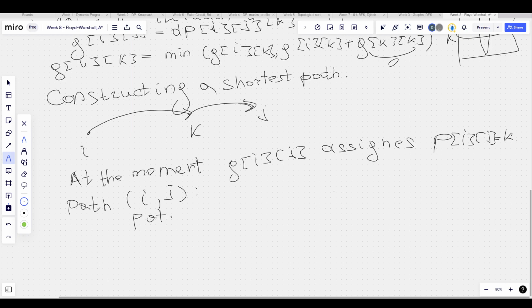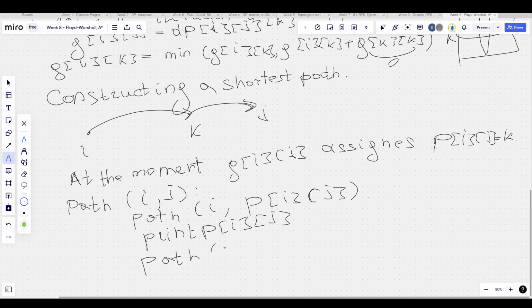I think it works like this. Path i j: we recursively call path i p i j, then we print p i j, and then we call path from p i j to j.